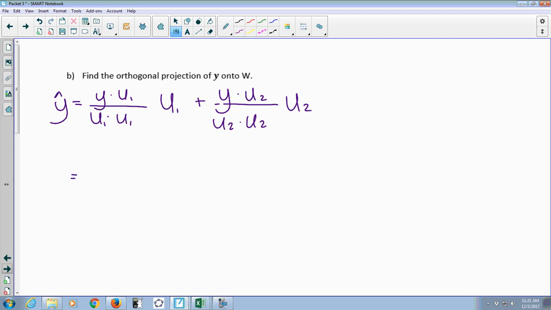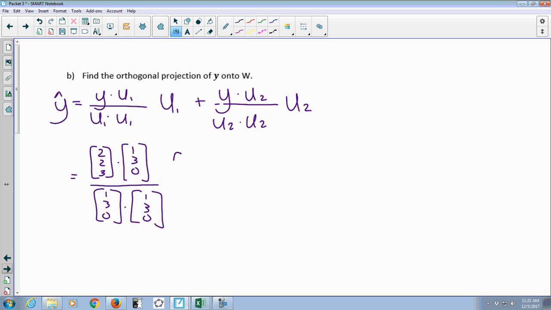Okay, so y is (2, 2, 3). u1 is (1, 3, 0), over (1, 3, 0) dotted with (1, 3, 0), times (1, 3, 0).